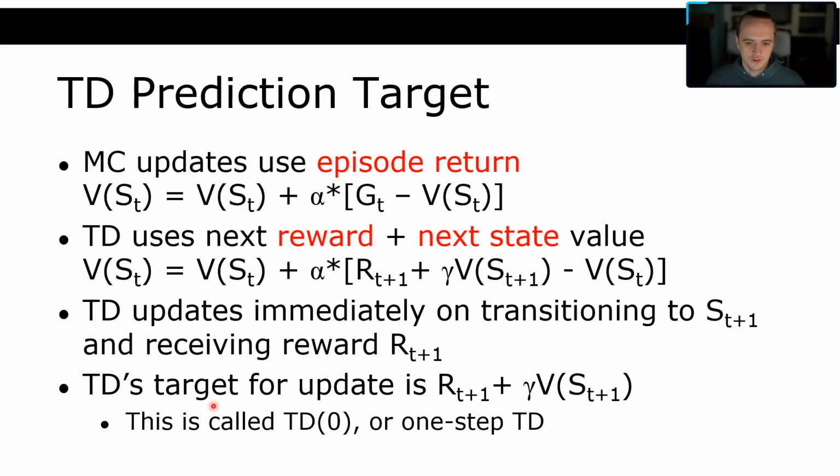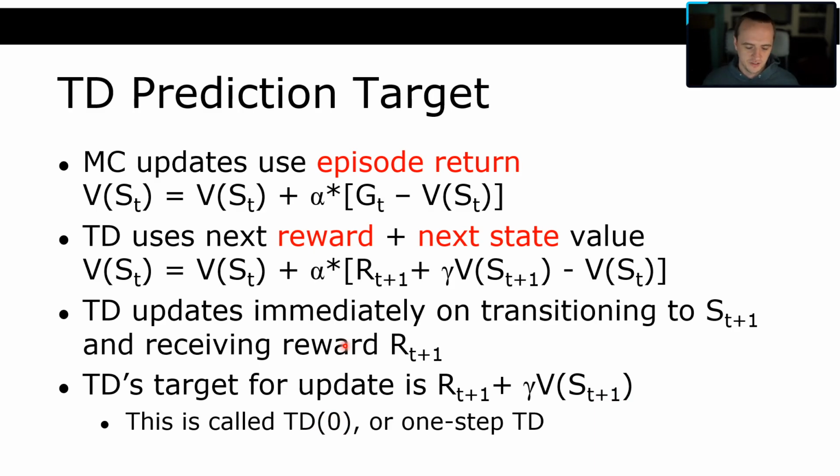So the temporal difference target for the update is this value. It's the reward that you get plus gamma times the value of the next state. That's called TD0, or one-step TD. Now, in general, this 0 can be replaced by a parameter called lambda, and we have TD lambda.